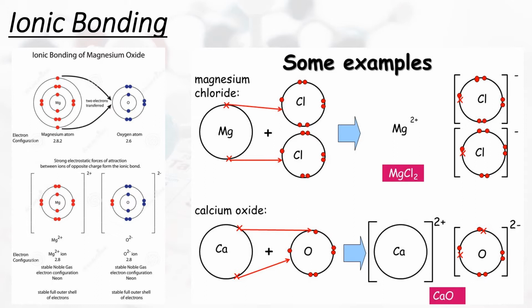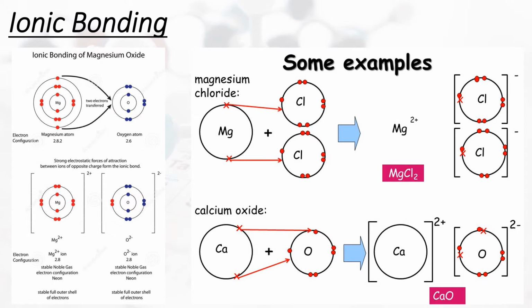Another example could be magnesium chloride. This is where we have to be a little careful with the formulas of our compounds. So magnesium chloride, magnesium again has the 2 electrons, so we know that it's going to give up those 2 electrons, form an Mg2+ cation. Our chlorine though is in group 7, so it has 7 outer electrons, and therefore it's only got space for 1. And so in order to get rid of the 2 electrons from the magnesium, it has to give those to 2 separate chlorine atoms, each chlorine atom accepting 1 of those electrons.